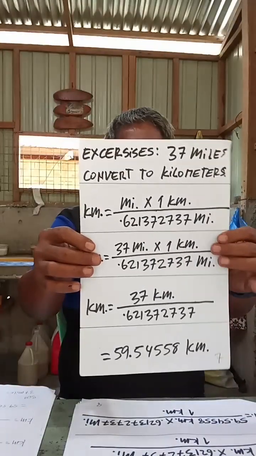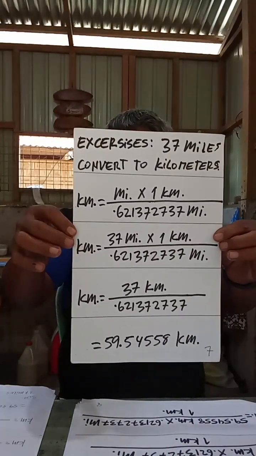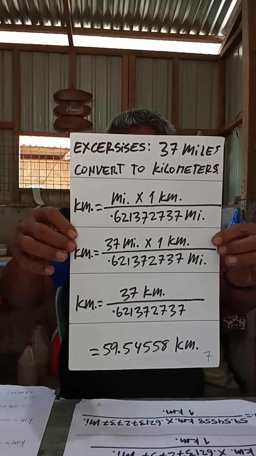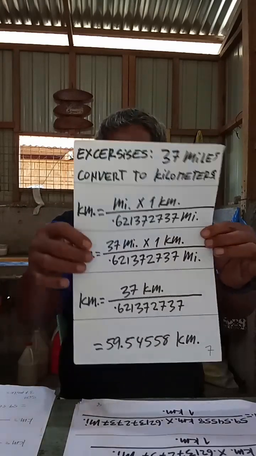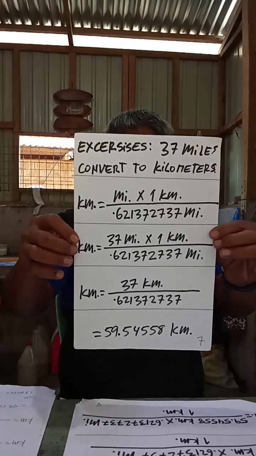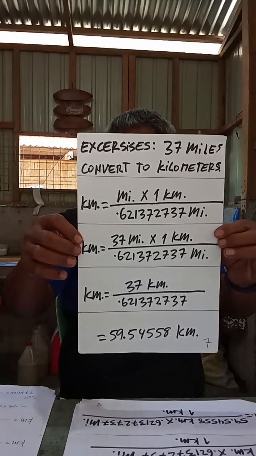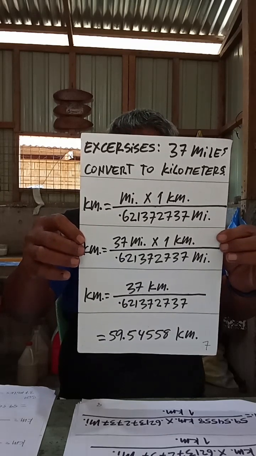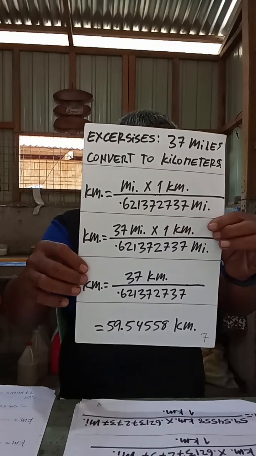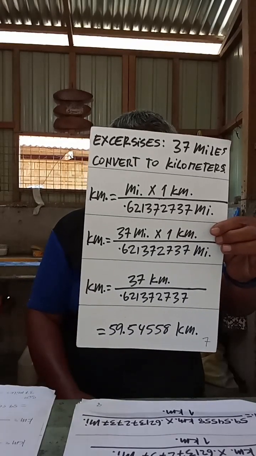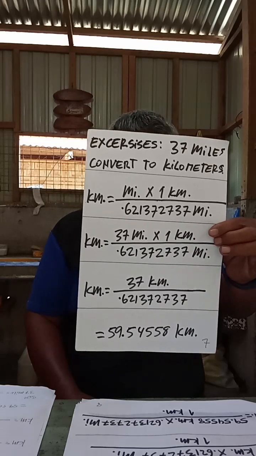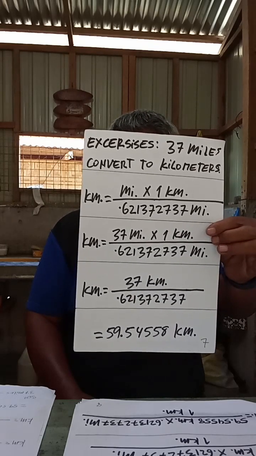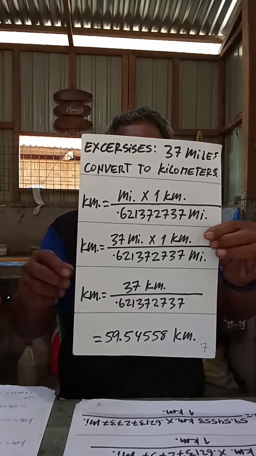So exercises for the Set B standard formula. 37 miles convert to kilometers. To find kilometers is kilometer = mile times 1 kilometer over 0.621372737 mile. Okay, then kilometer = 37 miles times 1 kilometer over 0.621372737 mile.